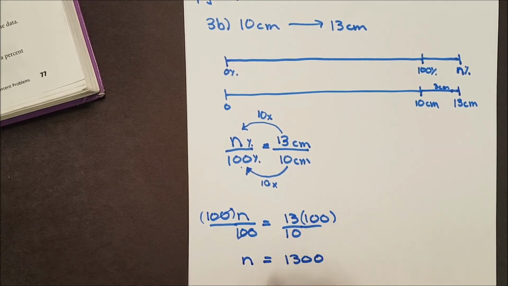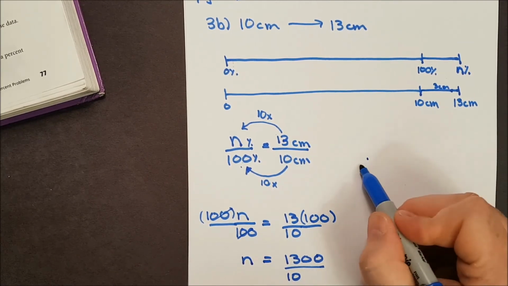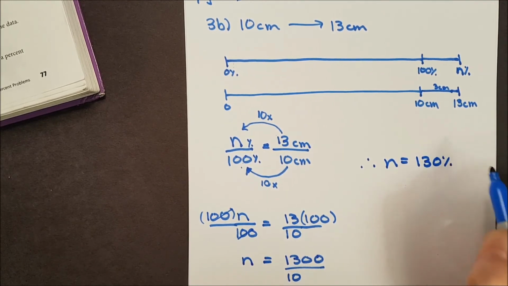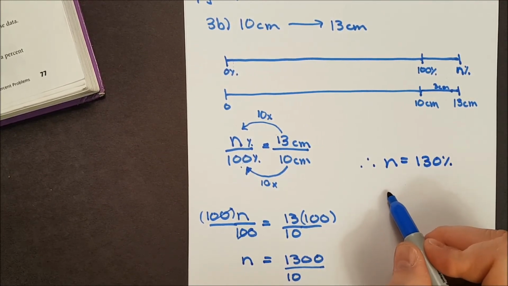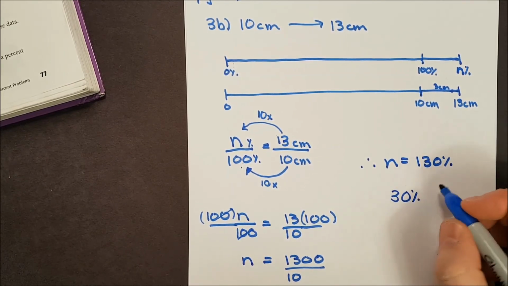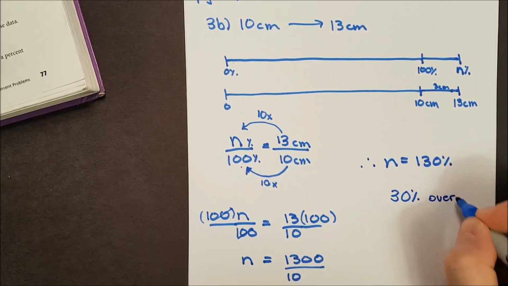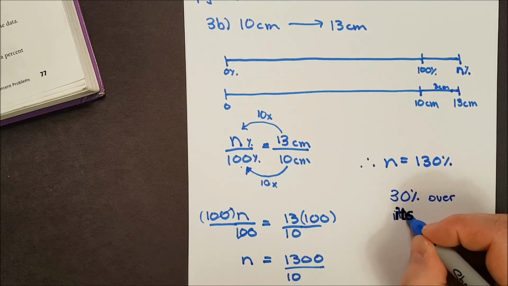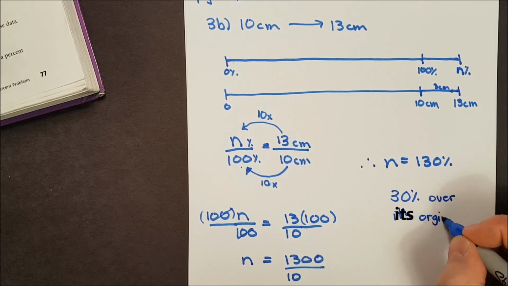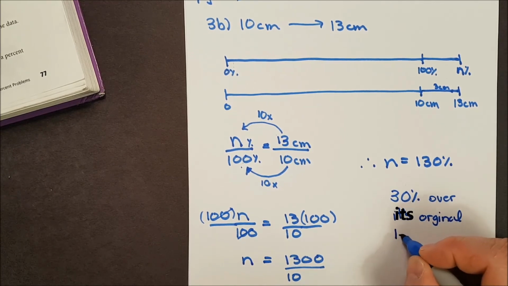I just multiplied these two, divided by 10, and n equals 130. So therefore, n equals 130%, and the elastic stretched an additional 30% over its original length.